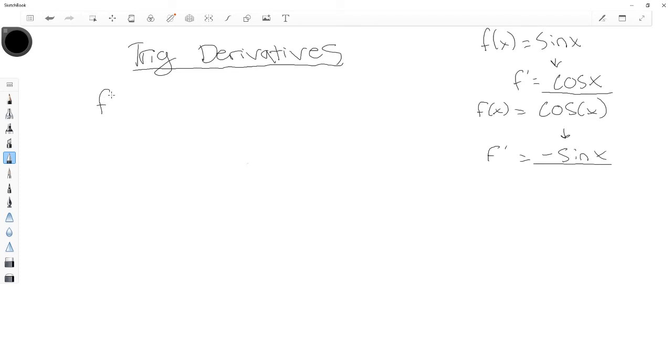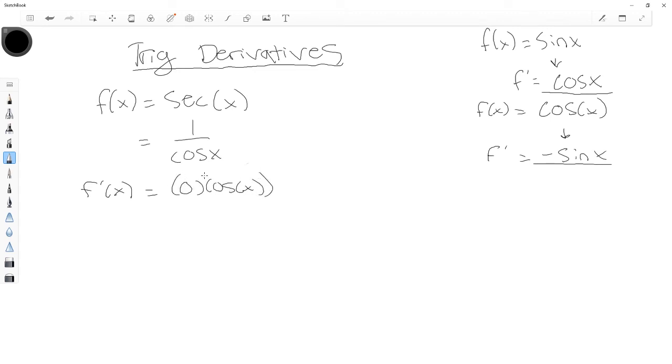Now I'm going to go into the derivative of secant. And so we can separate this into 1 over cosine. And so we again use the quotient rule. So the derivative of the top, which is 0, times the bottom. You can kind of just forget about that though. Minus the derivative of the bottom, negative sine x, times the top, which is 1, all over the bottom squared.